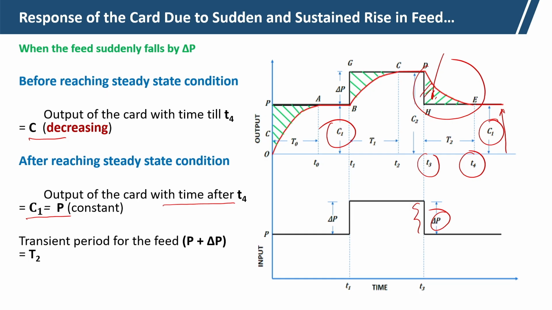So, the transient period of the feed is P plus delta P. For the feed delta P it is T2. So, this is the transient period. That means this will actually be the transient period, where P plus delta P was there.